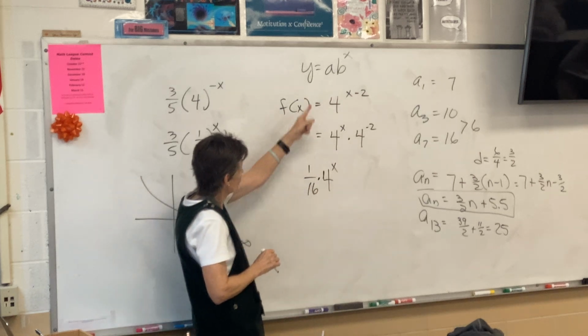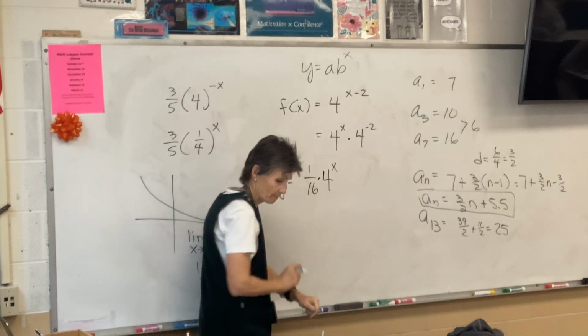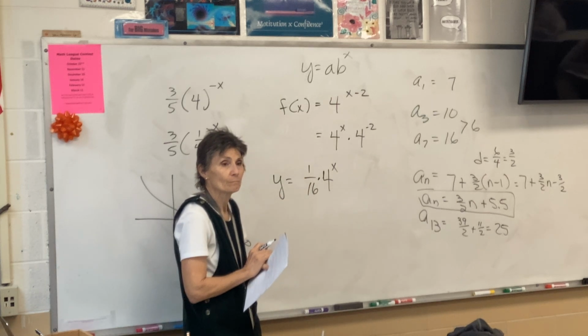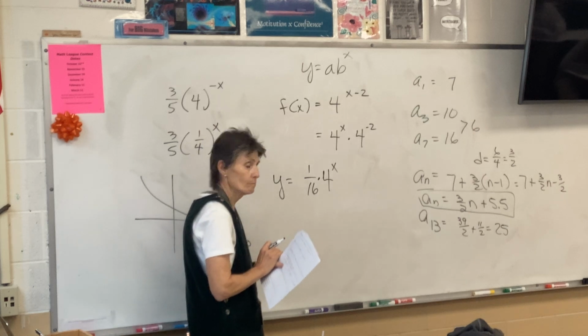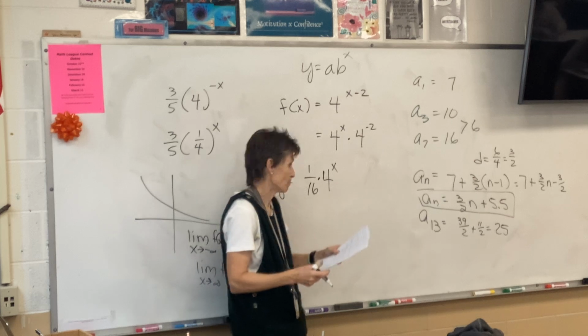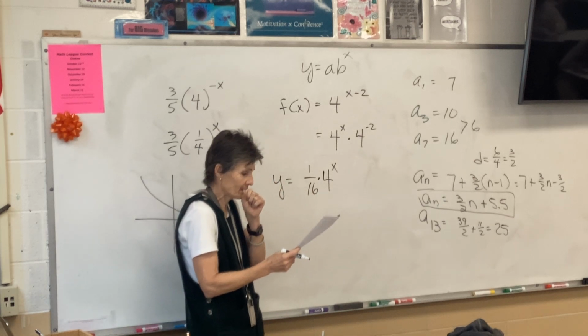So your A is 1/16 and your B is just 4 to the x. Mrs. Ford, would you count it wrong if we just split the 4x over 16? No, that's fine. It does say A times B to the x, so it's probably better to write a distinct A out there in front. But it's the same thing.